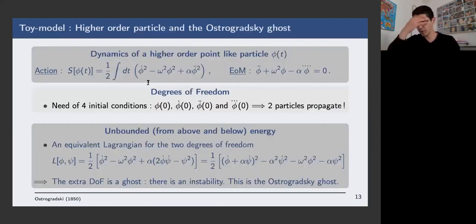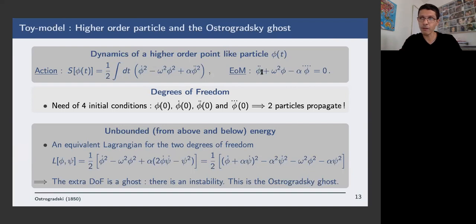So to understand what is the problem with having higher order derivatives, I will give you just a toy model, a very simple one. We consider a point particle, phi of t, and assume that you have this kind of action here. You recognize the usual harmonic oscillator, and you add this phi double dot squared in the action, which is unusual.